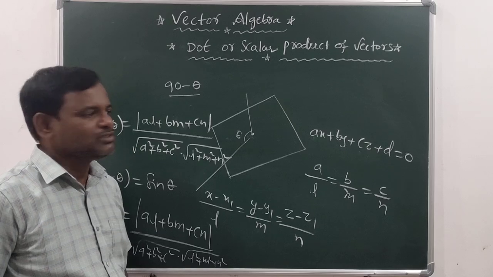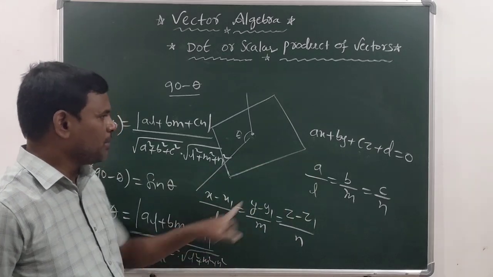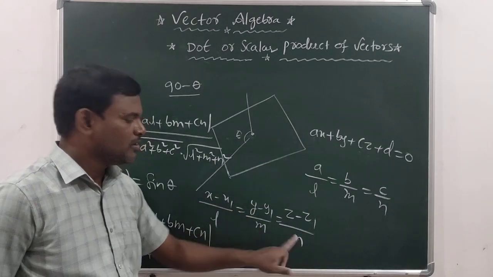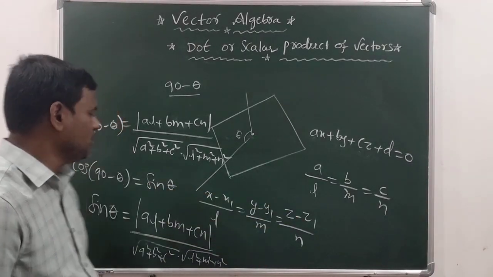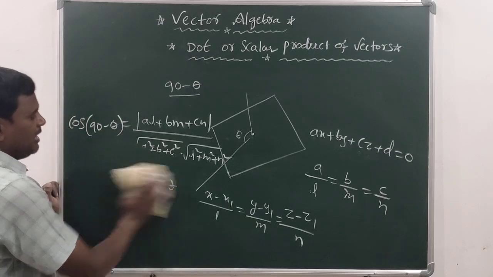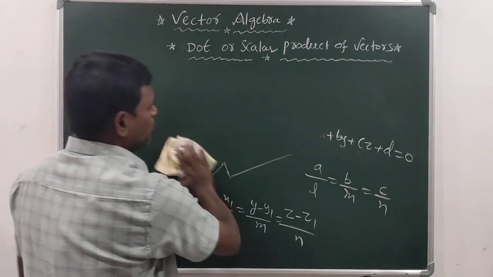Both are parallel means these coefficients are proportional. Hence you will get A by L which is equal to B by M which is equal to C by N.